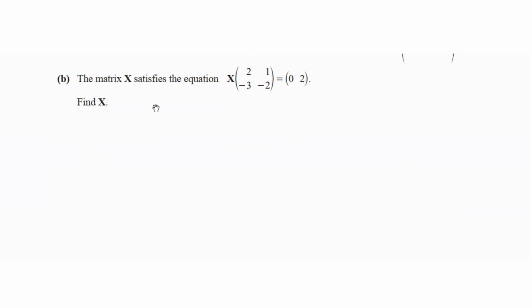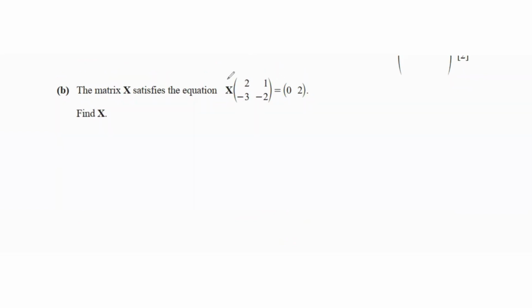Find X. For this, you need to first remember that when you're multiplying two matrices, if your matrix has one row, the one that got multiplied with this would also have a single row. That means X is in the format of A B over here.